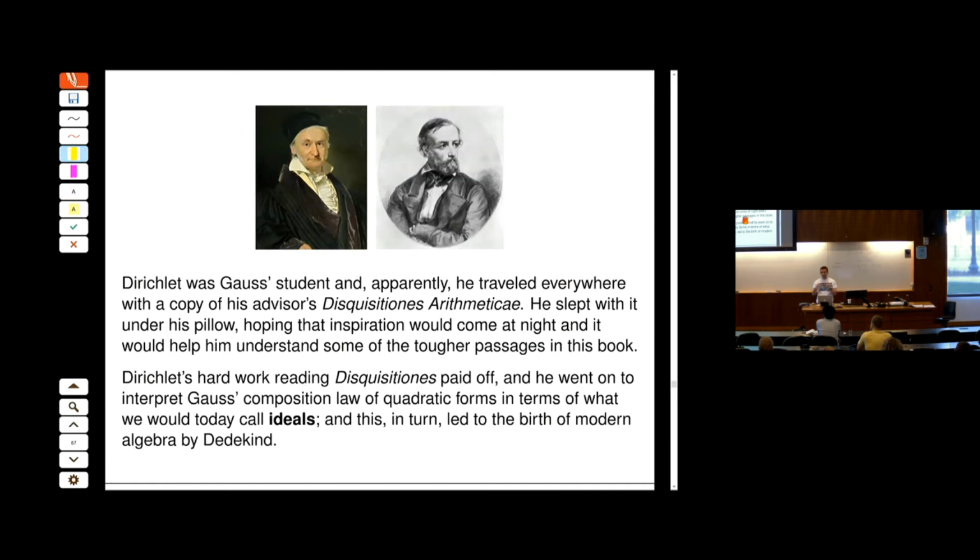So Dirichlet's work morphed into Dedekind's work, where he actually set it up as algebraic number fields, ideals, and now we're going to see how these ideas of Gauss, actually the binary quadratic forms, are related to ideals in quadratic fields, and how the composition is actually the group law that happens in the ideal class group.